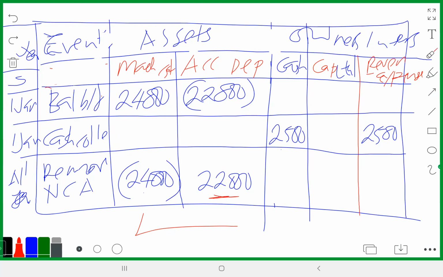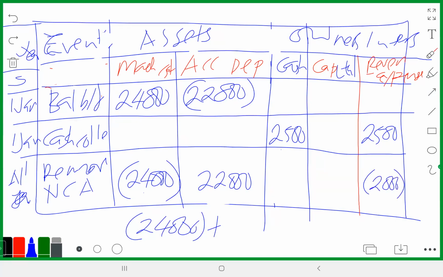For the last one, the end of the year, we are adding the rows, not the column. So it will be negative 24,000 plus 22,000, which is negative 2,000. Which was the net book value that remains after 4 years, isn't it?